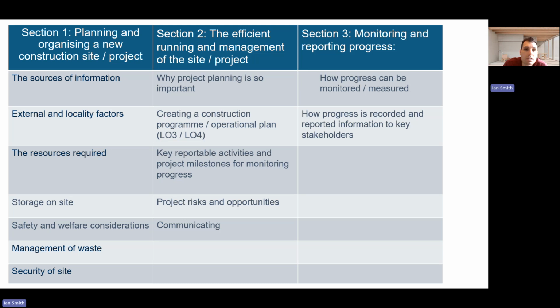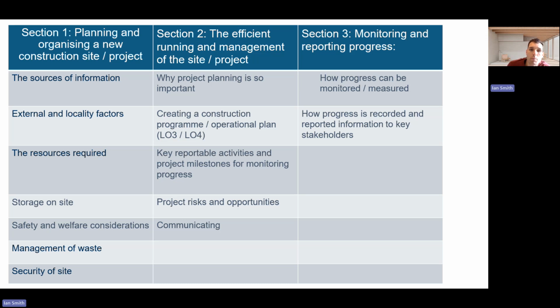We'll cover three key areas: planning and organising a new construction project, which will include different sources of information, external and locality factors, resources required, storage on site, safety and welfare, management of waste and security.